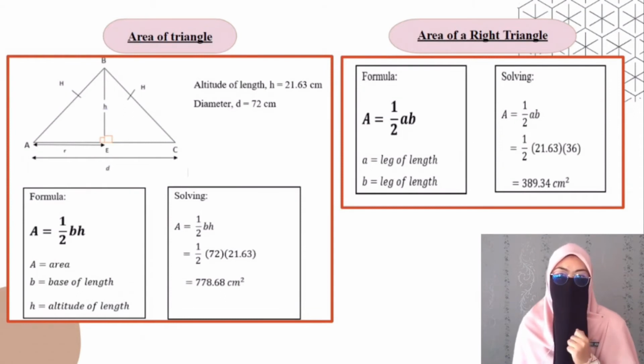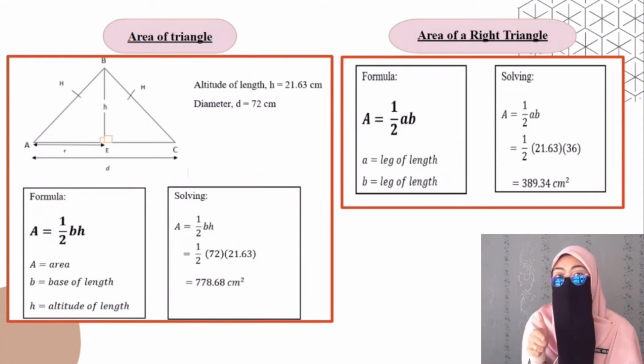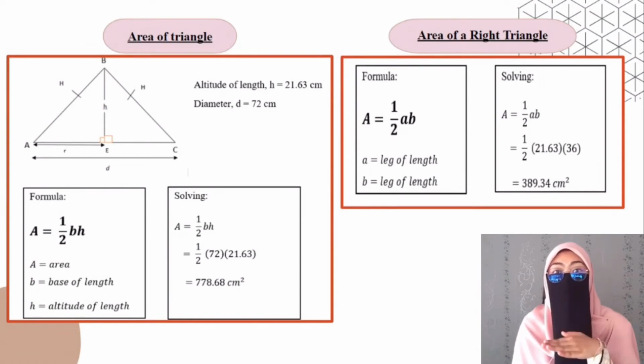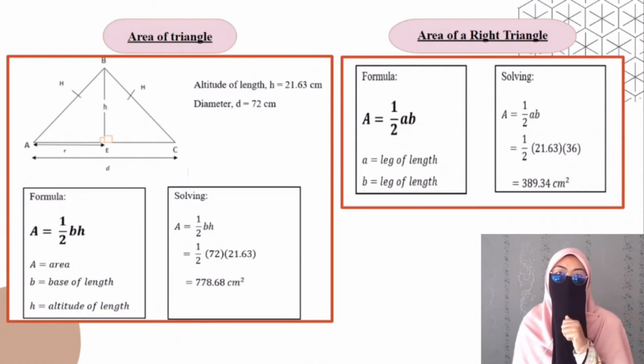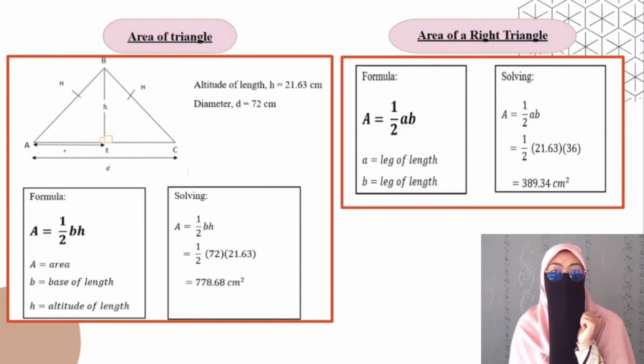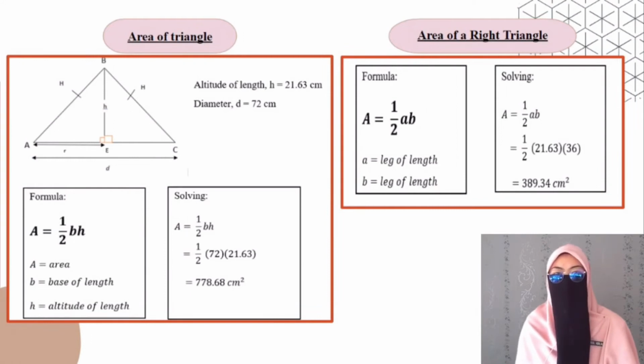So substitute the value in the formula and get the answer. For the right triangle, use the formula A equals 1/2 AB, A is the altitude, B is half the length of the base. Substitute the values in the formula and get the answer. We can conclude that the area of the right triangle is half of the area of the isosceles triangle.